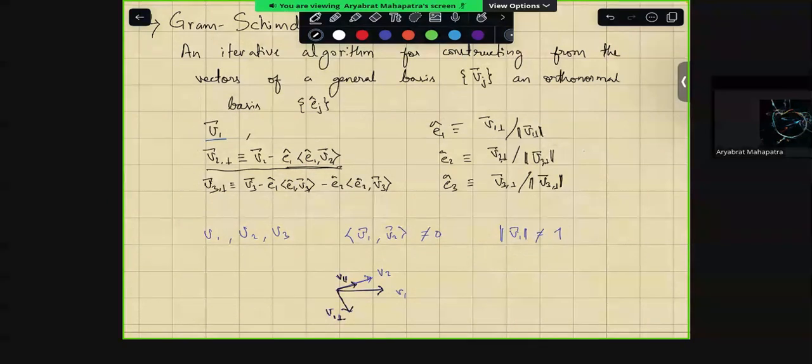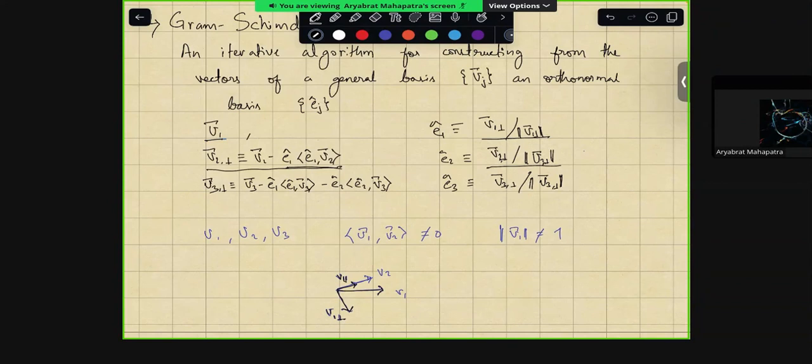Then this v2 perpendicular will be orthogonal to v1, and when you normalize them individually, you get the normalization conditions fulfilled. That is what we have seen during our discussions.